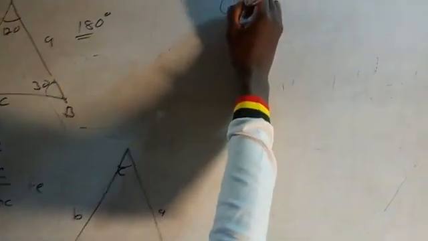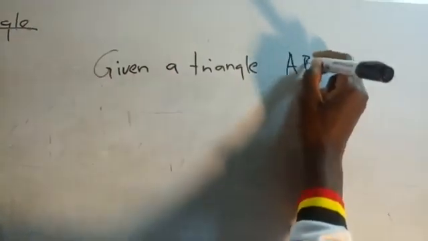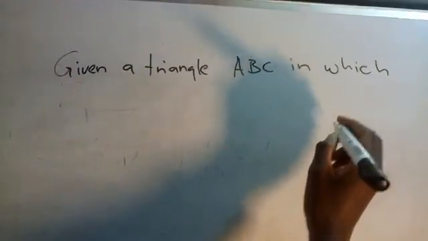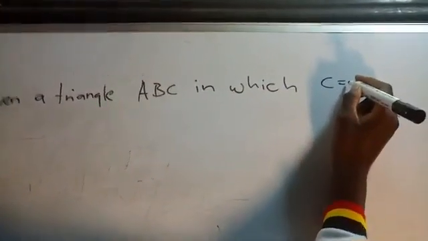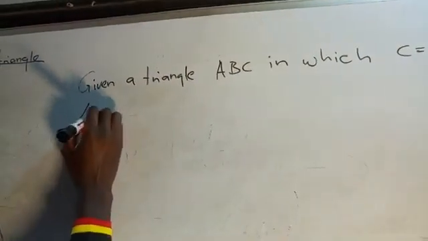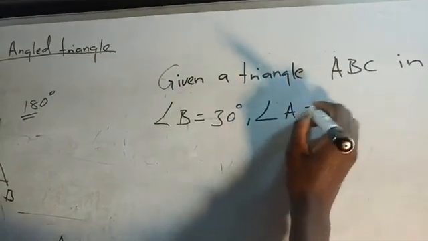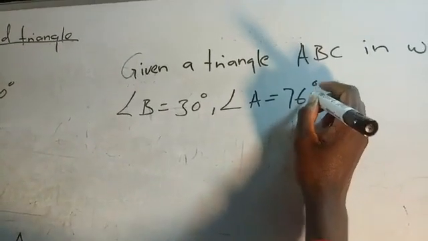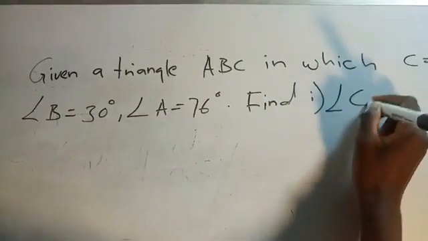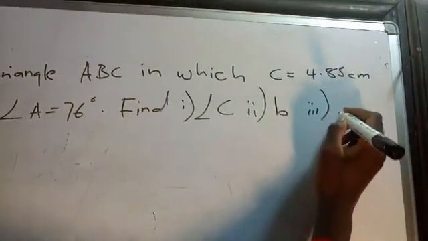Given a triangle A, B, C, in which c is equal to 4.85 centimeters, angle B equals 30 degrees, angle A equals 76 degrees, and they tell us to find angle C, and another one, they tell us to find side b, and another, side a.